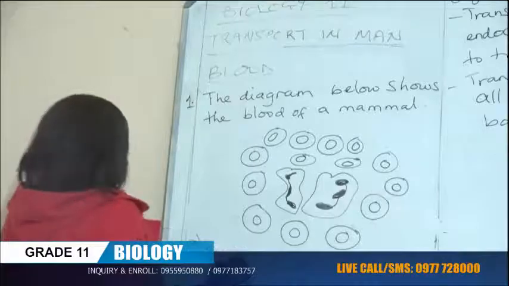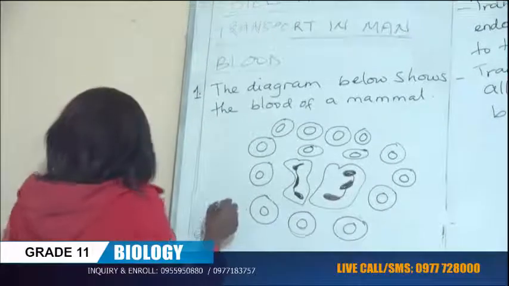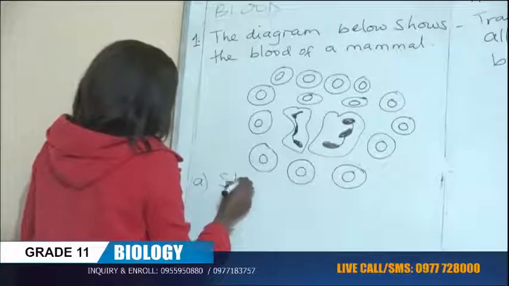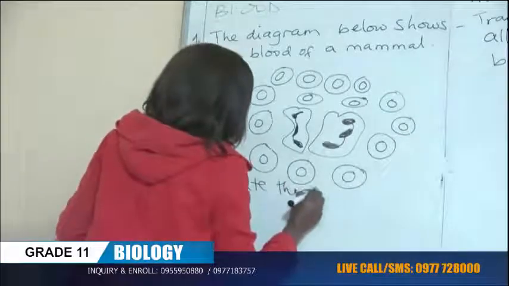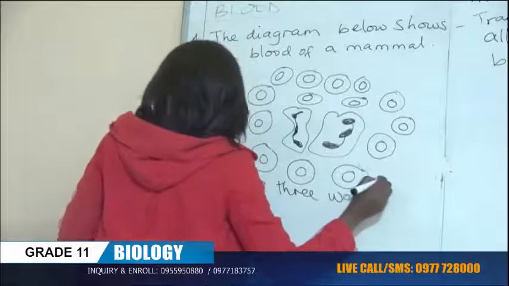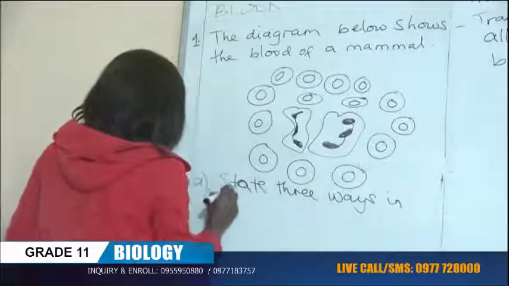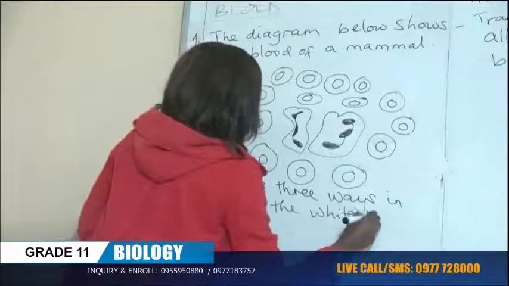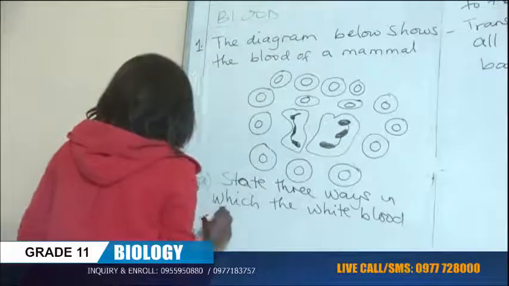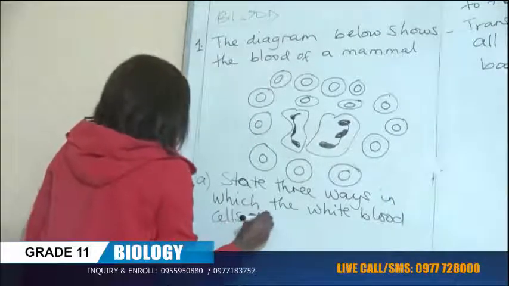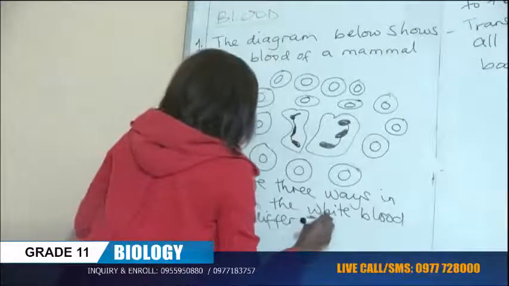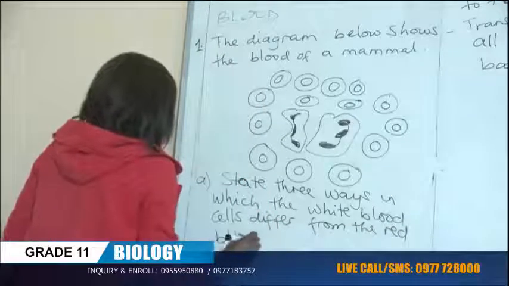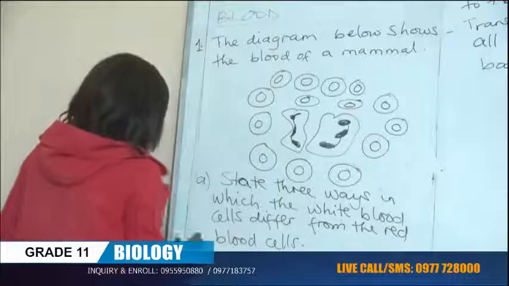The diagram below shows the blood of a mammal. A, state three ways in which the white blood cells differ from the red blood cells.